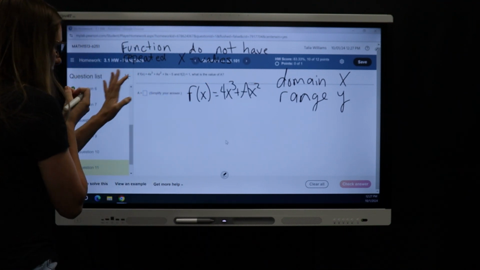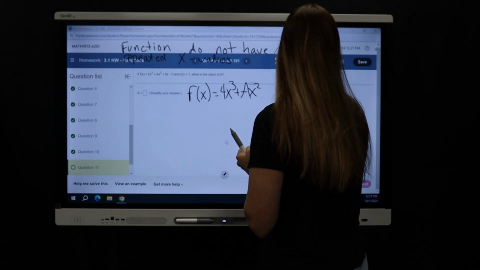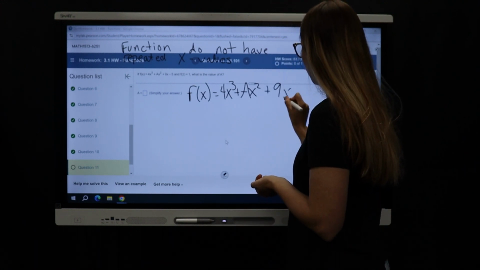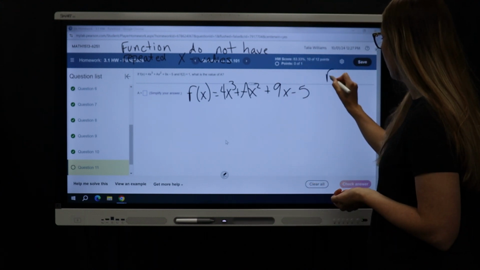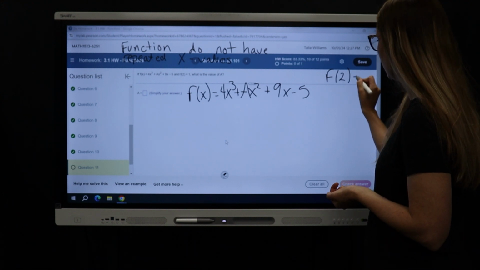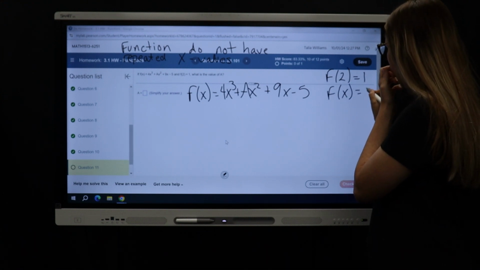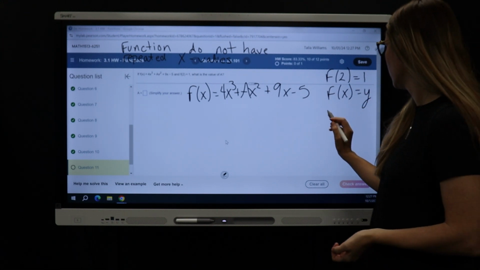They gave us our x and our y value. I'm going to get rid of this because they're not asking about domain and range anymore. Minus 5. And they tell us right here, f of 2 equals 1. This f of x equals y. So our y value is 1 and our x value is 2.